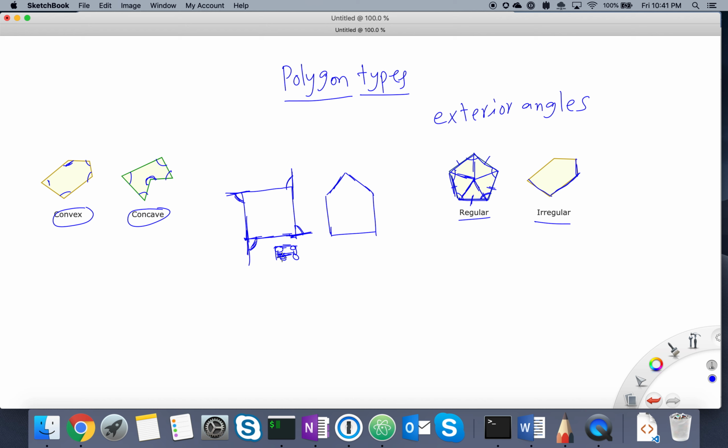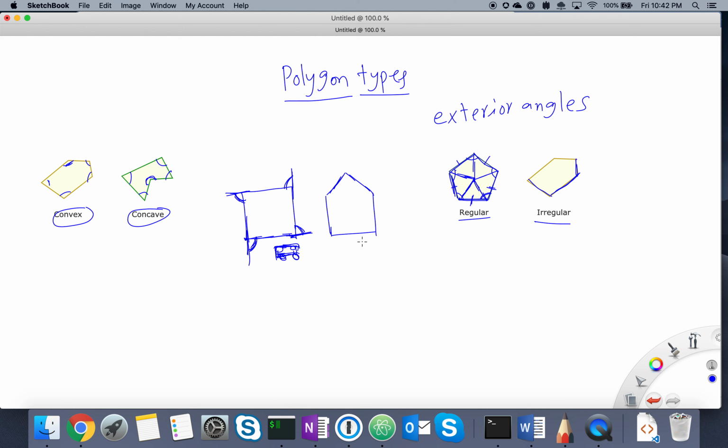This is what I meant to draw. It's sitting here, and now let's go around our polygon. If I go here, this car will turn 90 degrees, and then another 90 degrees, and then another 90 degrees, and then another 90 degrees. It will come back to the original shape.